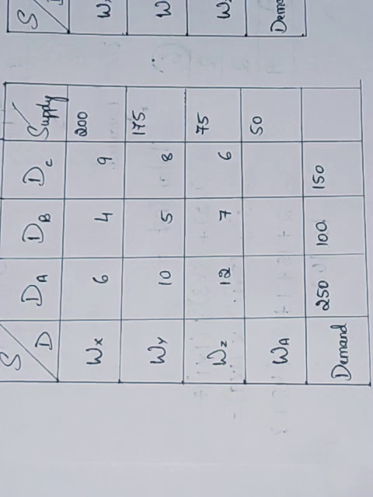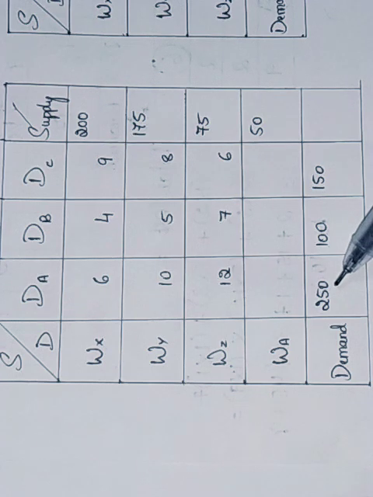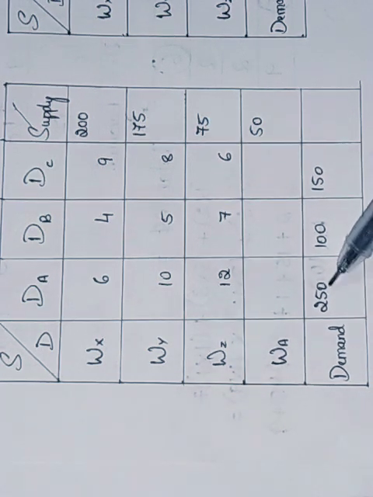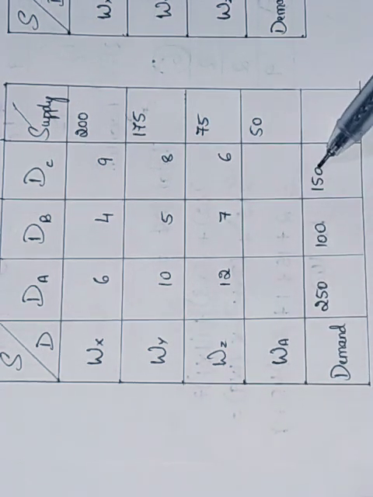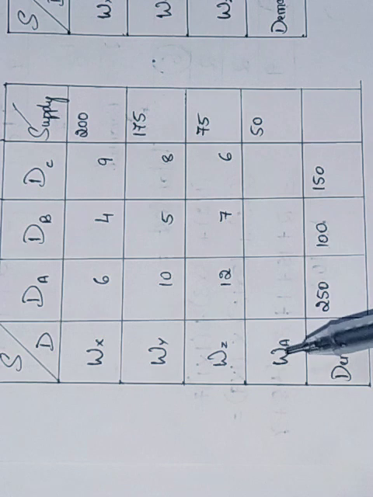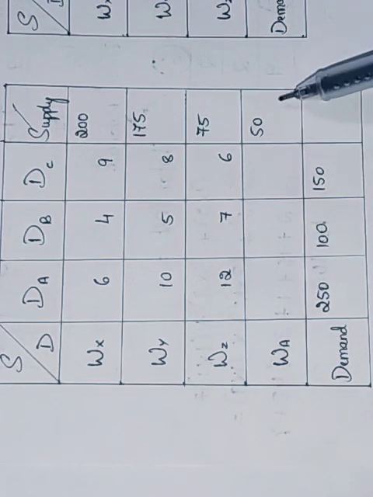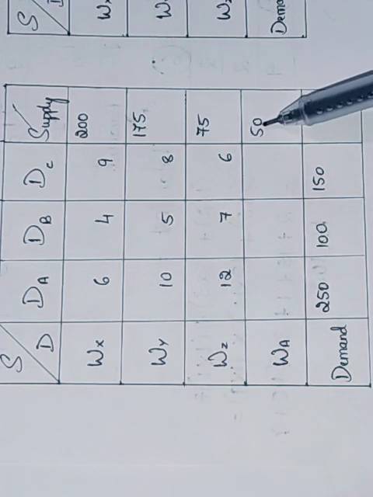So look at this example. Supply for the 3 warehouses as per the question is 200, 175 and 75, and demand for the 3 destinations is 250, 100, 150. Here supply units were short by 50 units. So I have created a dummy warehouse which is producing 50 units.